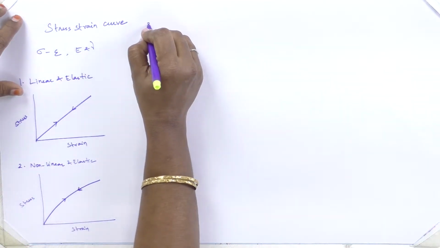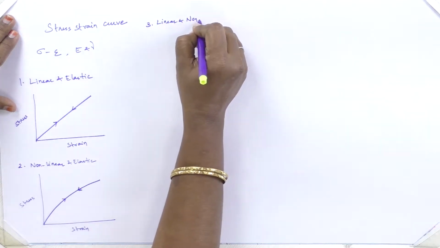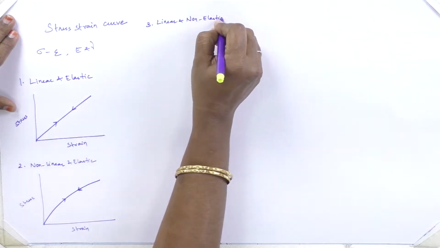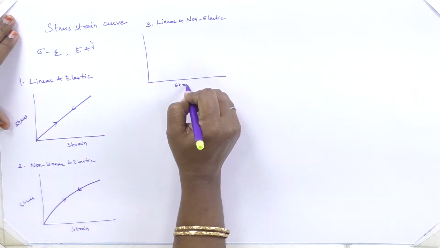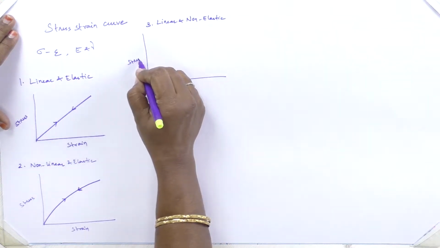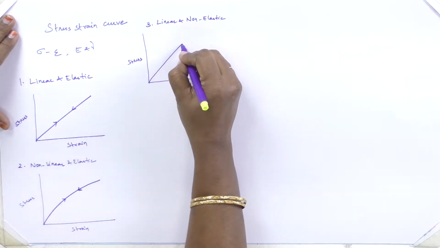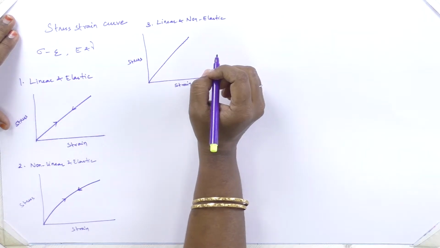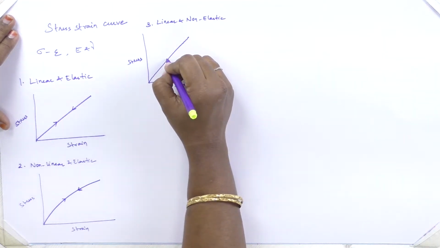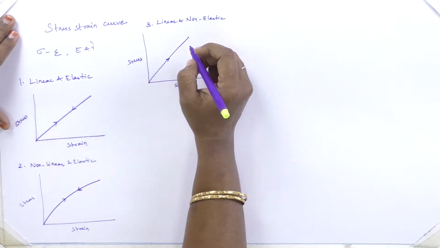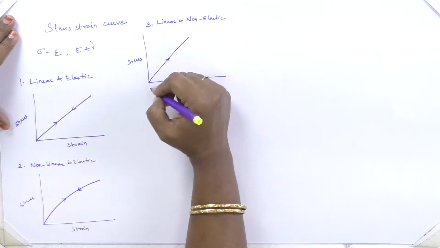And the third is linear and non-elastic. The stress and strain will increase linearly during the loading, and while unloading it will not follow the same path.